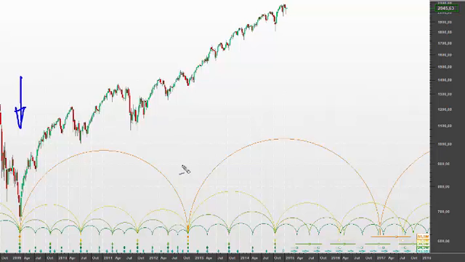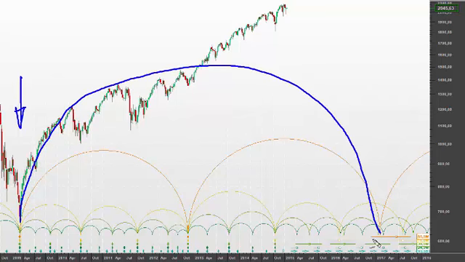The important thing is that I believe the markets are approaching a 9-year cycle peak. Let me draw a semicircle here for the 9-year cycle. That's a very rough, very poorly drawn semicircle, and of course the 9-year cycle peak, the actual cycle peak, is almost certainly behind us.